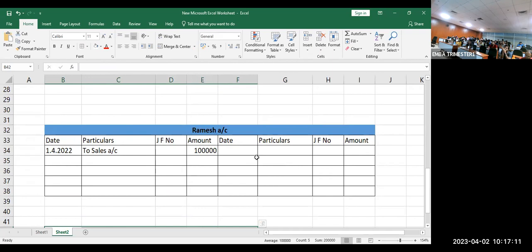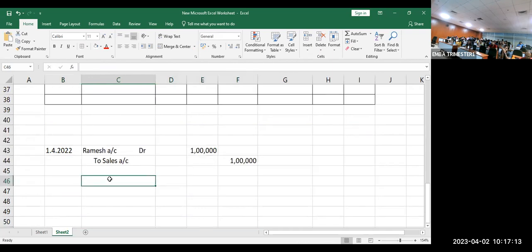Only on credit basis. Suppose Ramesh bought goods from you on cash. That time, what's the entry? Cash account debit to sales account. That entry will not appear in Ramesh account.